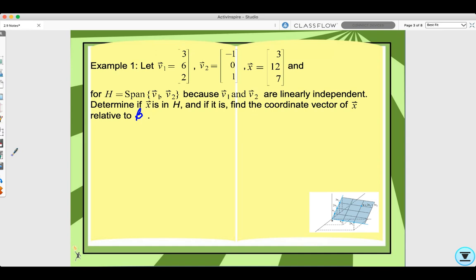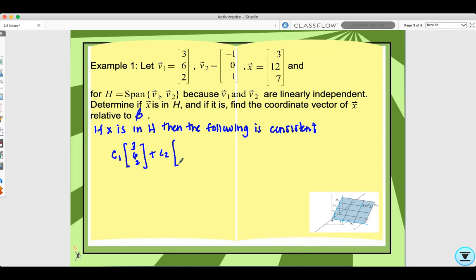So with this, if x is in H, then the following is consistent: c1 times (3, 6, 2) plus c2 times (-1, 0, 1) equals (3, 12, 7).